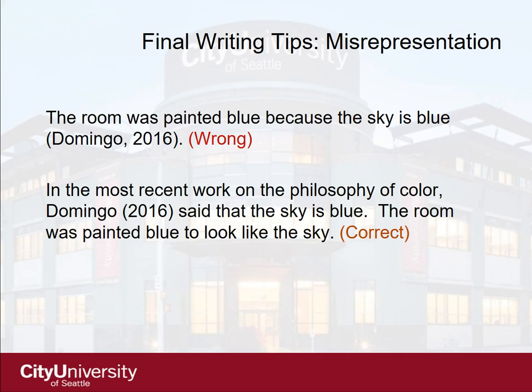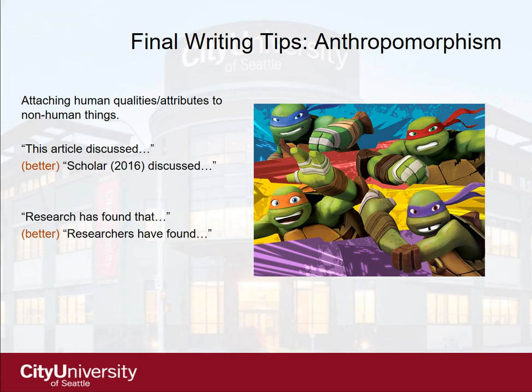So the key in misrepresentation is, what is the key point that the researcher or researchers are trying to make, and summarize that. And don't add to it. I see this a lot when people give an example of something happening in the workplace, and then they give a citation from the research that had nothing to do with the workplace. That's misrepresentation.